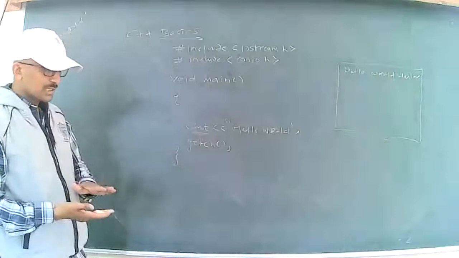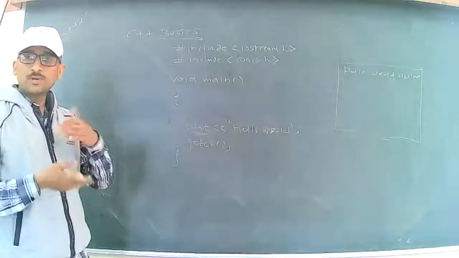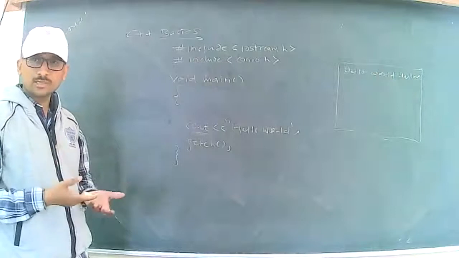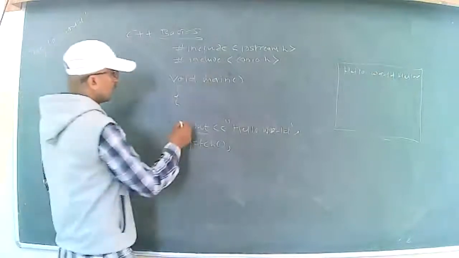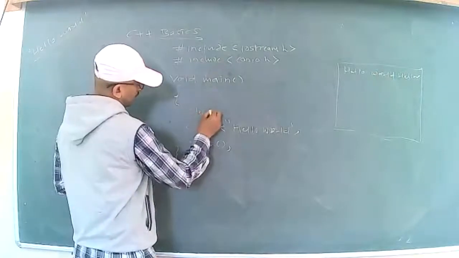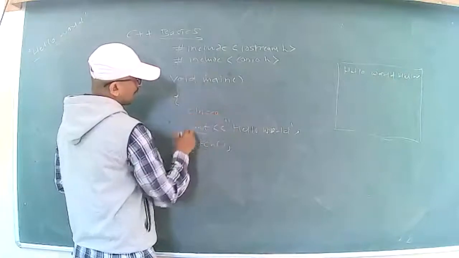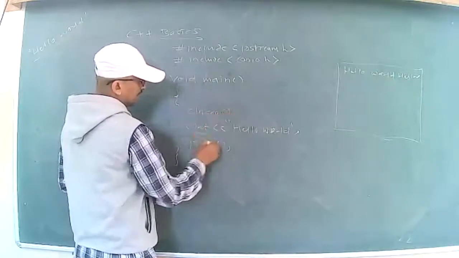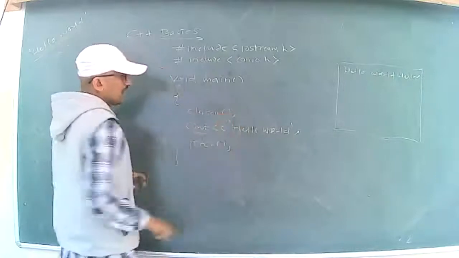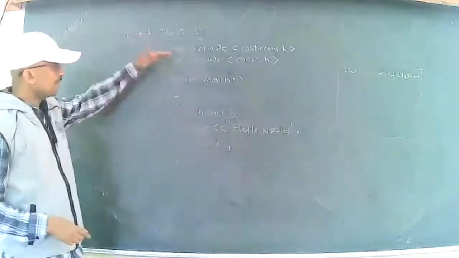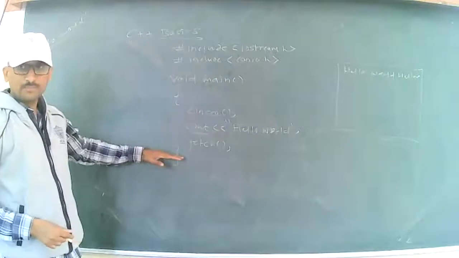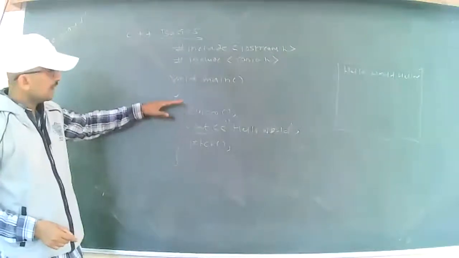To clear the console screen of your previous program that you have executed, you can use one more function, that is clear screen, clrscr, with the help of which every time you execute this program, your screen will be clear.